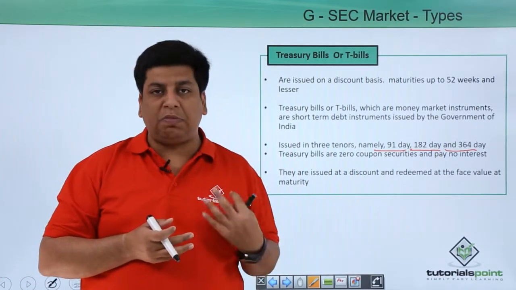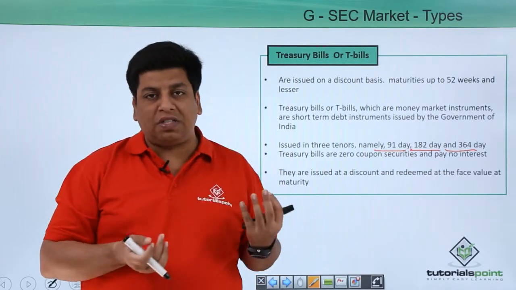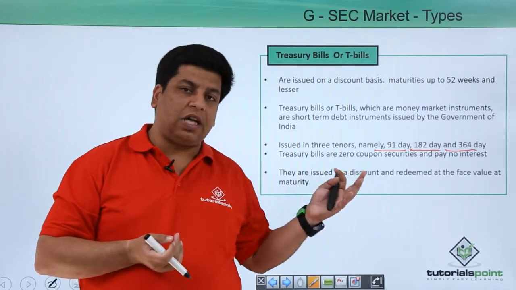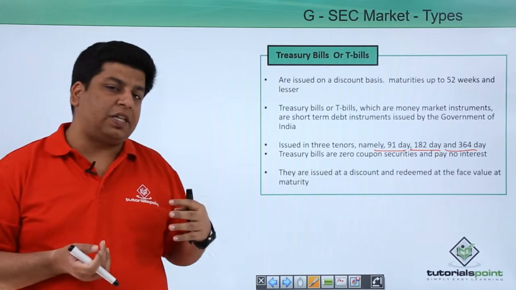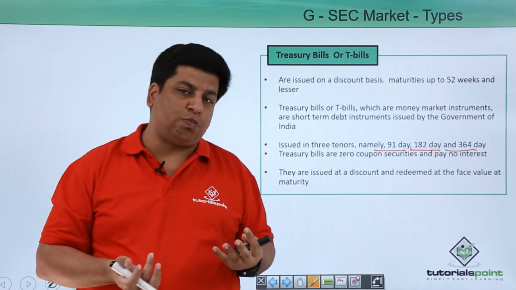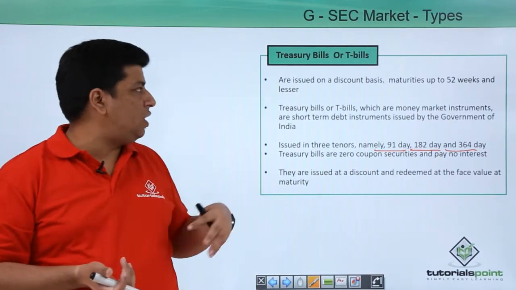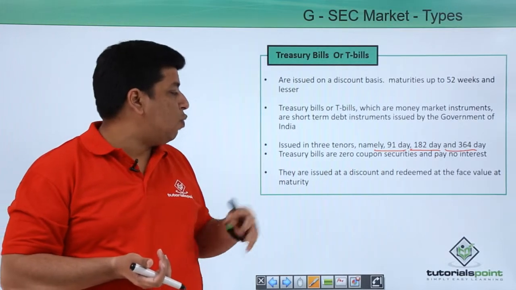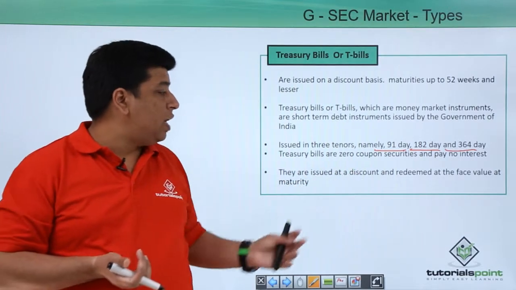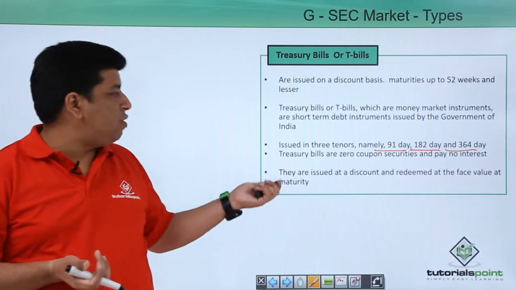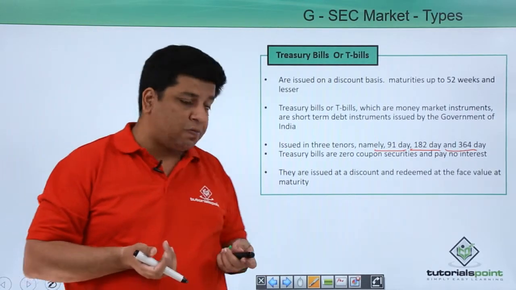So 8 rupees will be earned by the investor for investing 92 rupees. That's how T-bills or Treasury bills work. They are issued at a discount and redeemed at face value at the time of maturity.